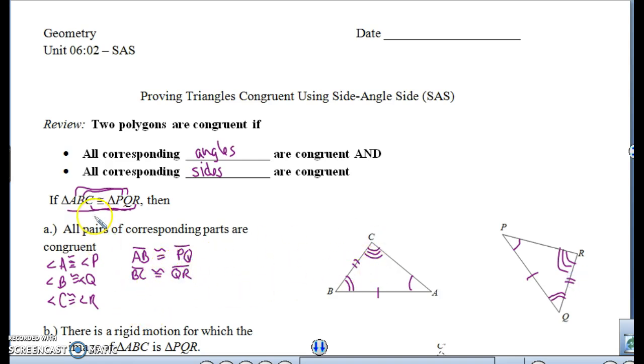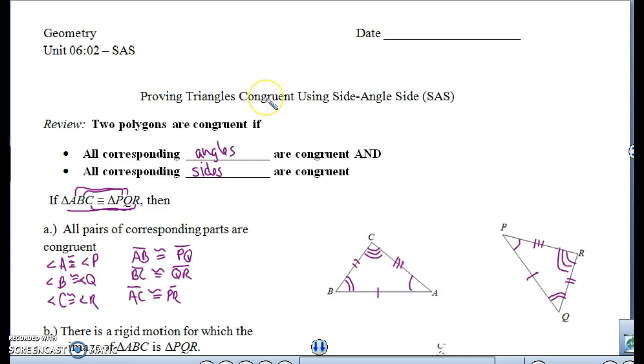And then the third side is AC, will be congruent to PR. Here's AC, make three hatch marks there, and then PR there. So that proves that the two triangles are congruent.